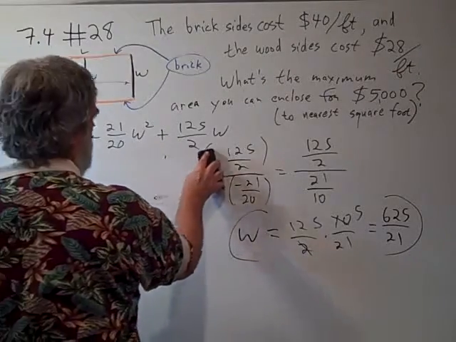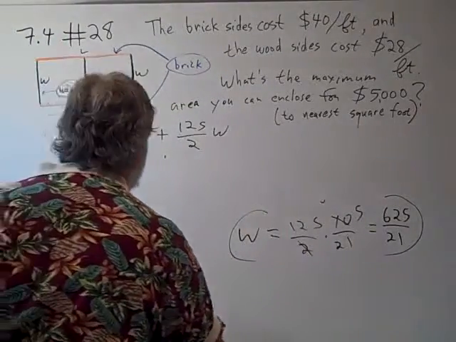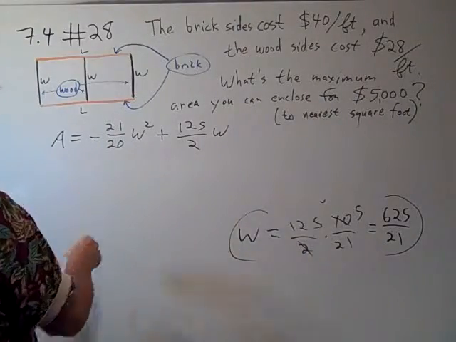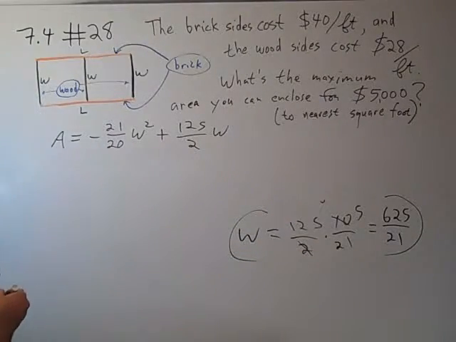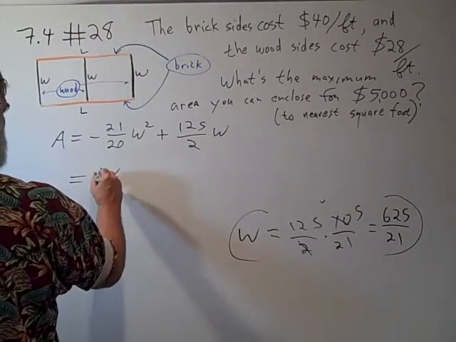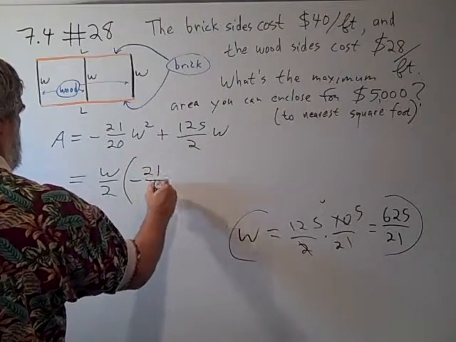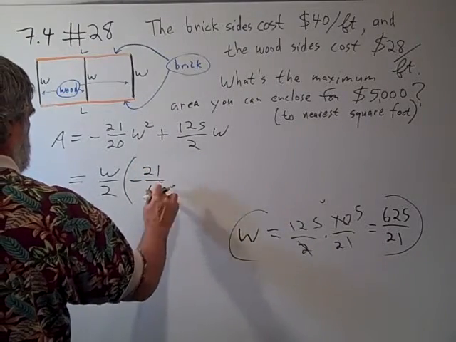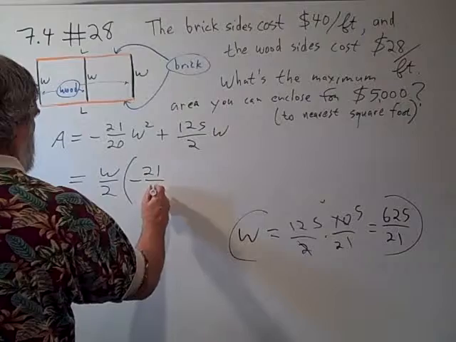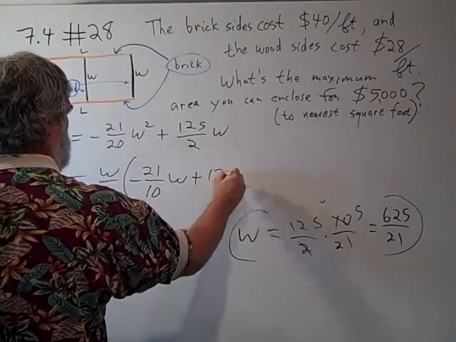And this is a numerical calculation, so we can start using our calculator, but it'll make it easier if I factor as much as I can first. So I can factor out W divided by 2 from this. So we end up with negative 21 over 10 times W plus 125.